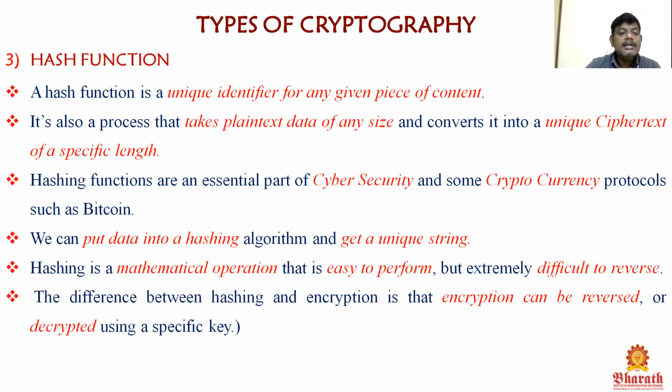Any kind of data, any size, we give to the algorithm, the algorithm processes it and gives a unique ciphertext of the same size. That is the beauty of the hash function. But here, the reverse operation is very difficult to do.